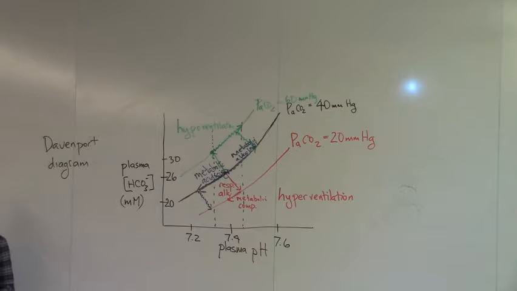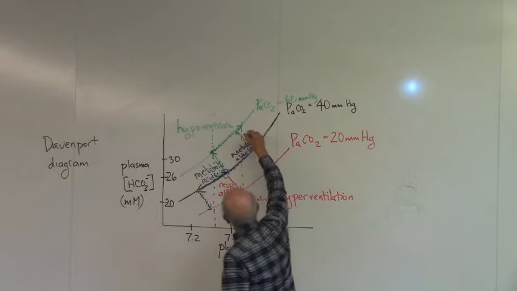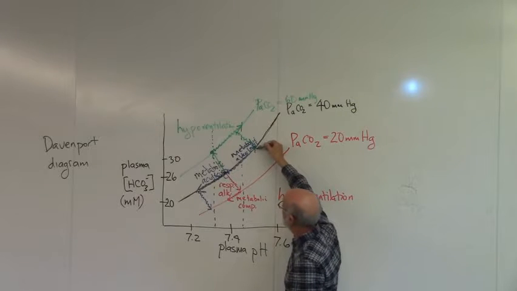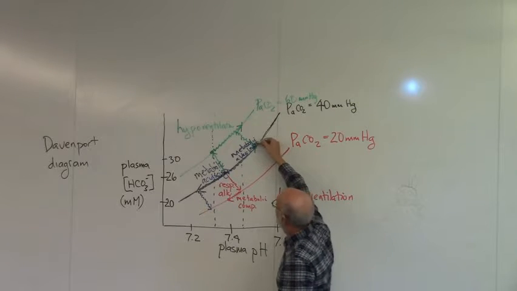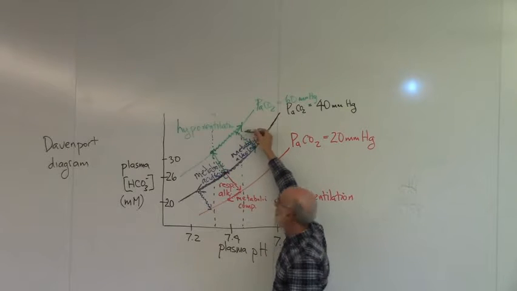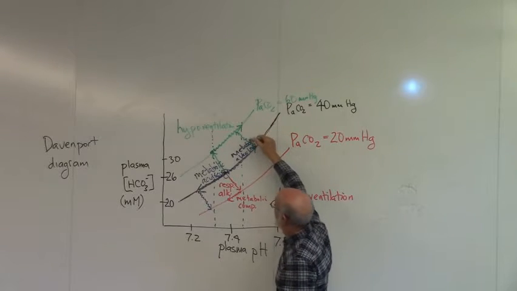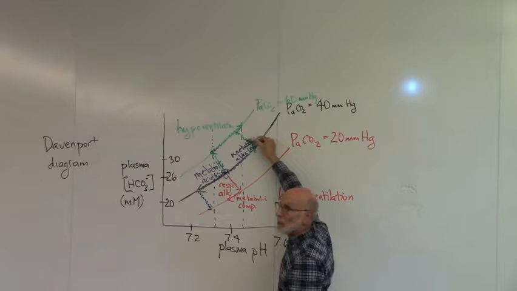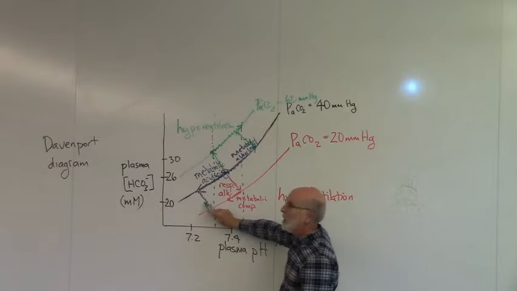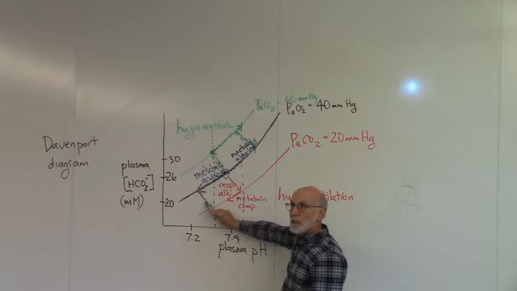It's not hypo now, it's respond by slowing ventilation. So what do we call this arrow? This is metabolic alkalosis, and this would be respiratory compensation for metabolic alkalosis, just the way this arrow here is respiratory compensation for metabolic acidosis.